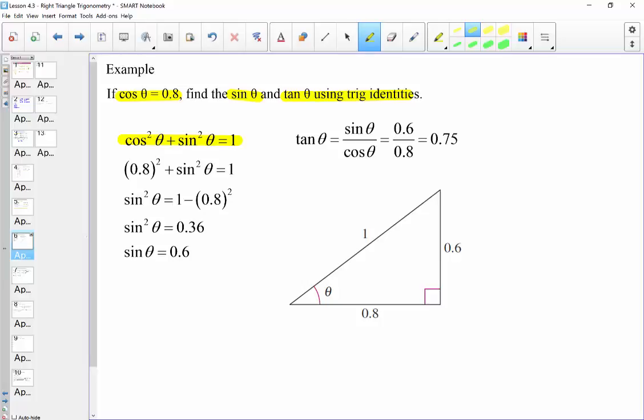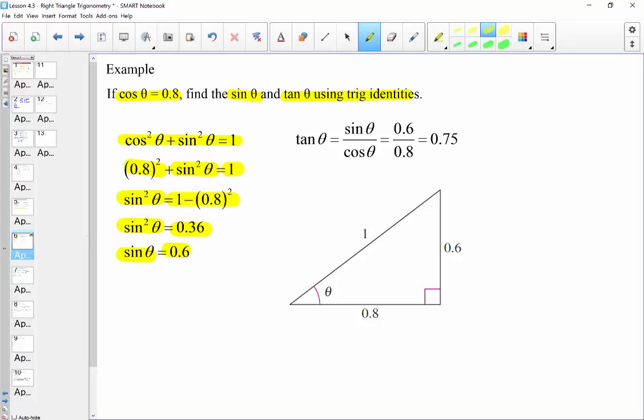So if we substitute in 0.8 for cosine of theta, then we have 0.8 squared plus sine squared theta equals 1. We can rewrite that as sine squared theta equals 1 minus 0.8 squared. Finally, sine squared theta equals 0.36 by subtracting 0.8 squared from 1. And taking the square root of both sides, we get the sine of theta equals 0.6.